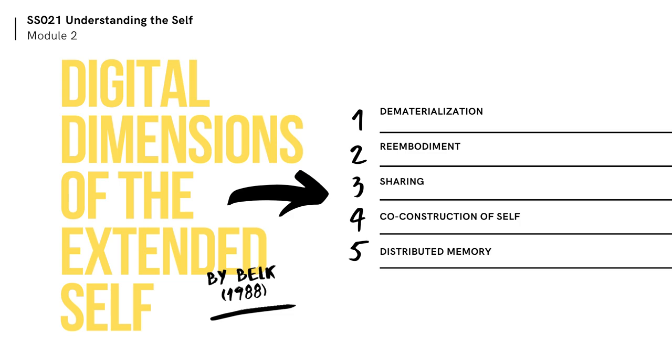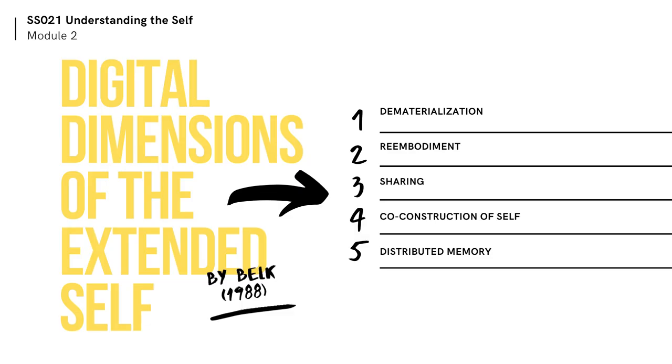And lastly, we have distributed memory. So Belk said that the non-digital objects that form a part of our extended self are often able to provide a sense of past, or we have a timeline online. This includes photographs, videos, stories, or all your memories in the digital world that can be recorded and archived to view later.